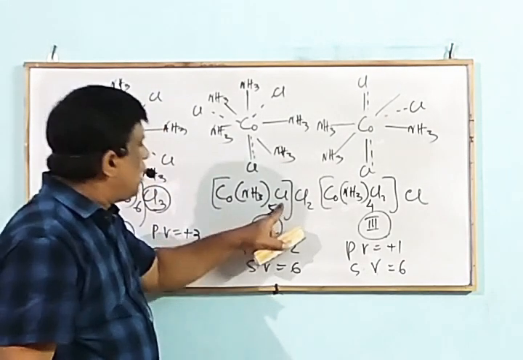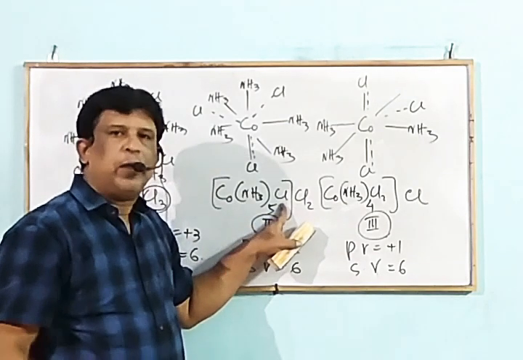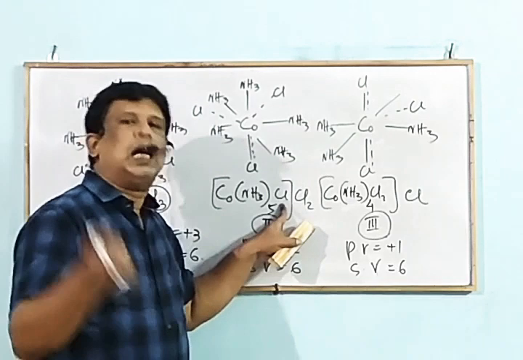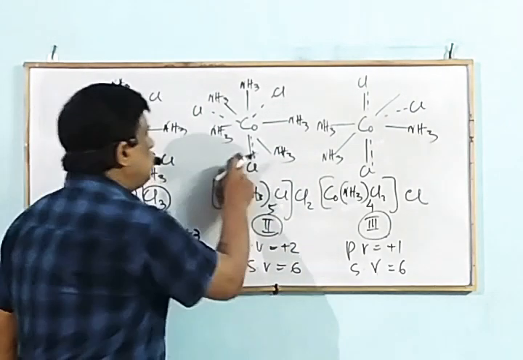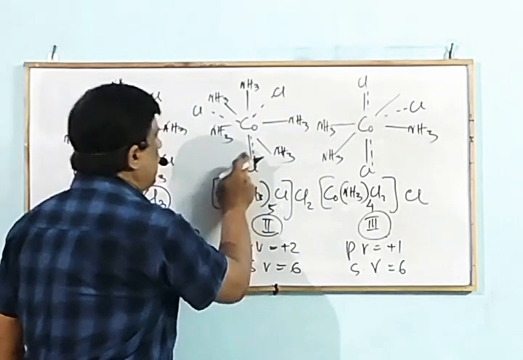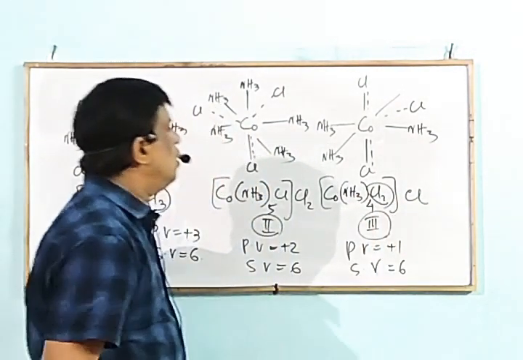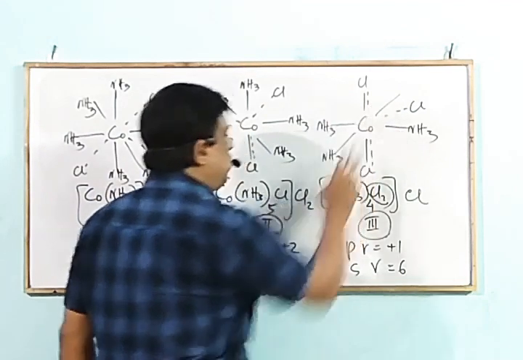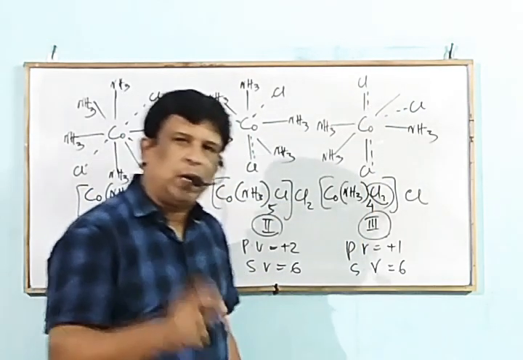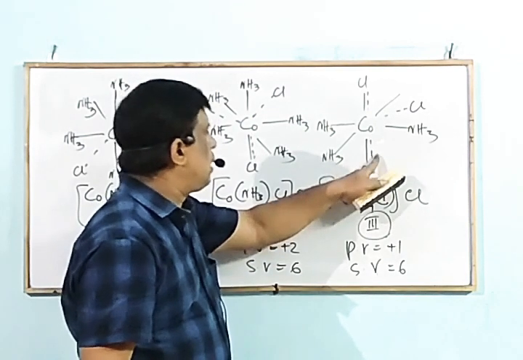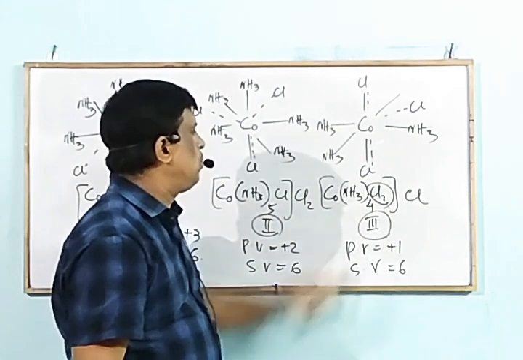Mark that, one of the negative ligands behaves in a dual role, satisfying both its primary valency as well as secondary valency. So 2 dotted lines are there, 1 dotted line and 1 straight line here. Similarly, here 2 chlorine atoms behave in a dual role, satisfying the primary valency as well as the secondary valency. So 2 dotted lines, 1 dotted line and 1 straight line for the 2 chlorine atoms are there.